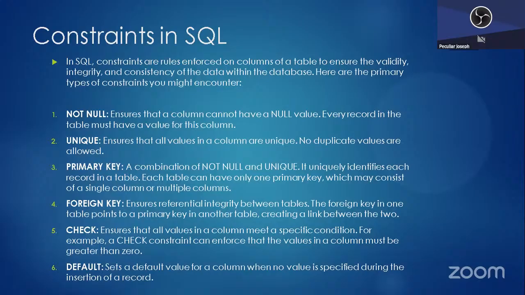So the next is a foreign key. A foreign key is used to create the relationship between tables. When you have a primary key on one table, say I have my IMO on my vessel table, and then I bring that IMO to, let's say, my port table, what I've done is I've created the relationship between my vessel table and my port table.